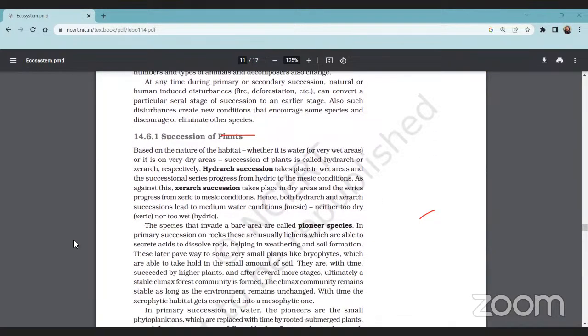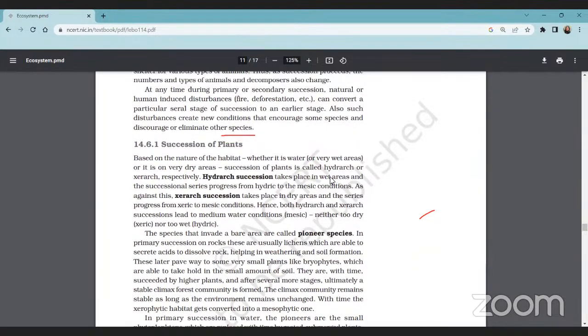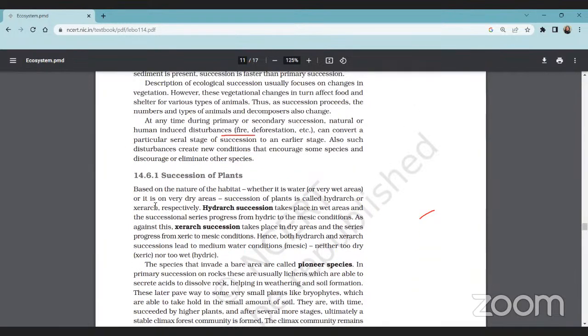Next, succession of plants. Based on the nature of the habitat, whether it is in water or in very dry areas, succession of plants is called hydrarch or xerarch.